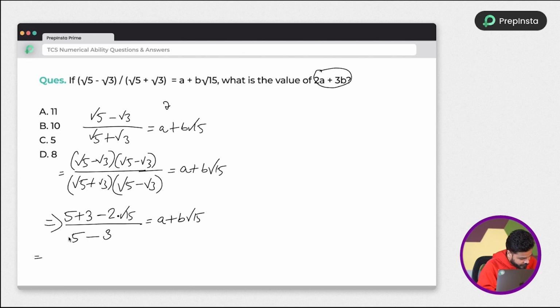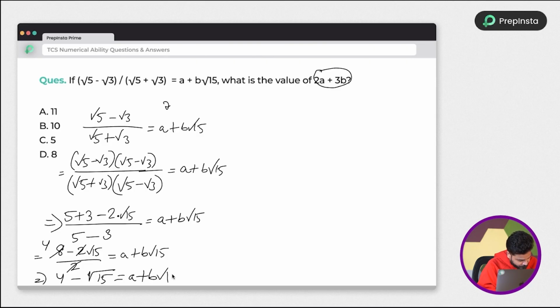I can further simplify it, which gives me 4 minus root 15 is equal to a plus b root 15.